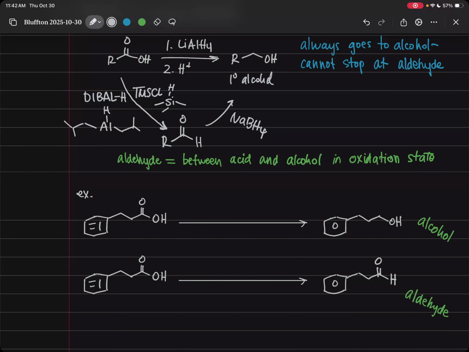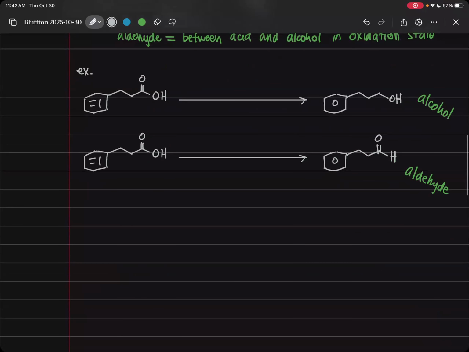Or we could just be sort of lazy and use lithium aluminum hydride followed by acid workup. Now, if we tried to do that in the second example, we're going to get the same alcohol as our product. And we don't want the alcohol, we want the aldehyde.